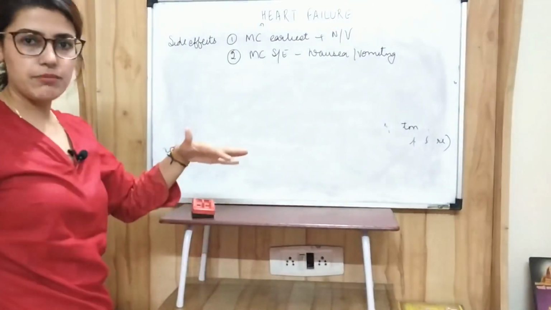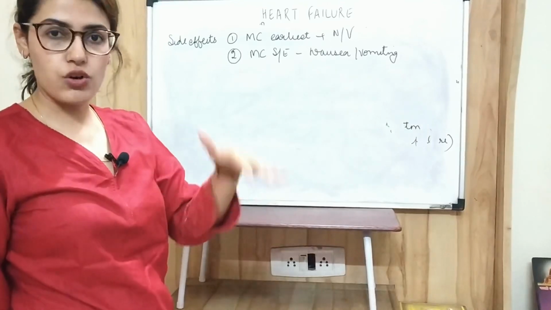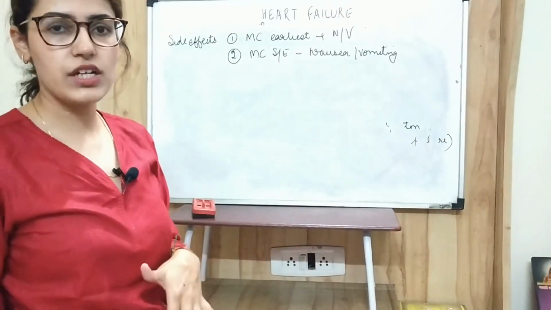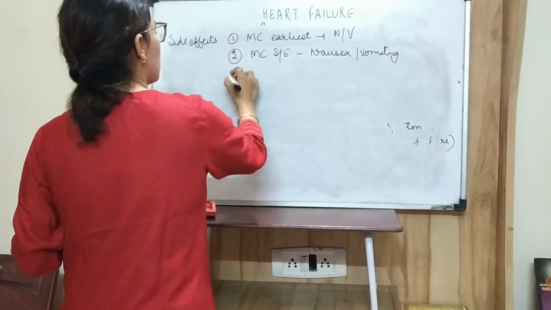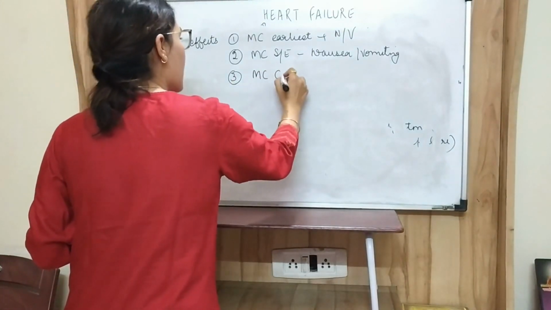So the earliest symptom of digoxin toxicity is nausea and vomiting, and the most common side effect is also nausea and vomiting. Third thing, what is the most common cardiac side effect?